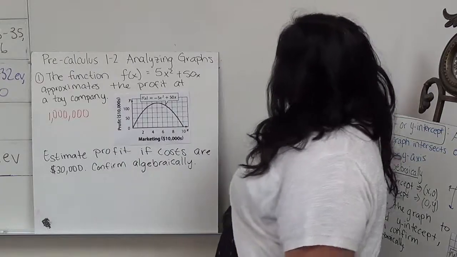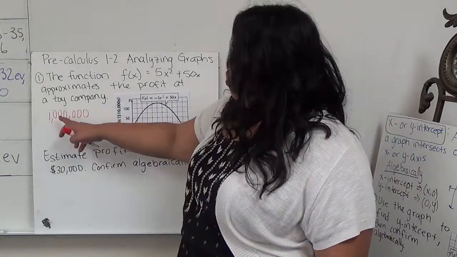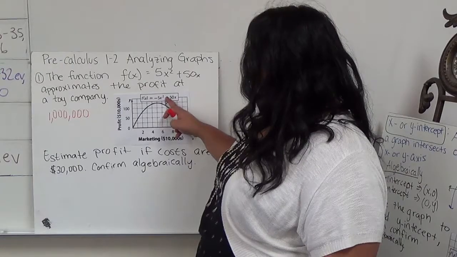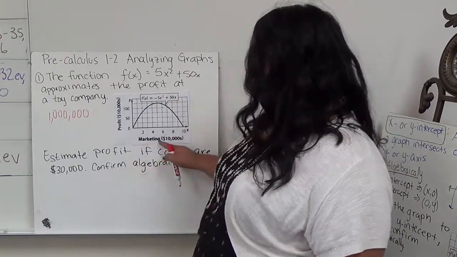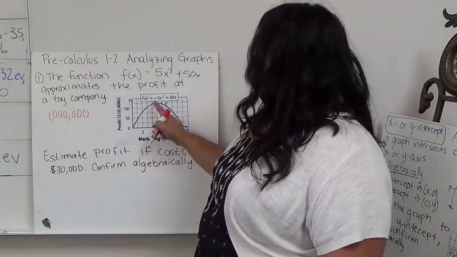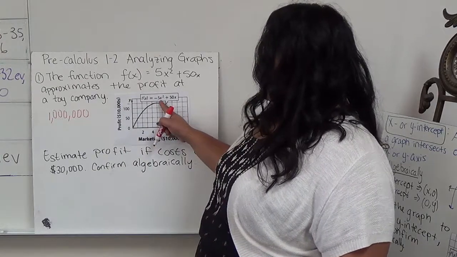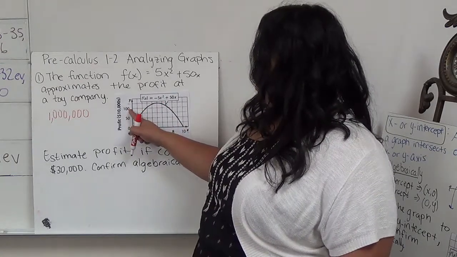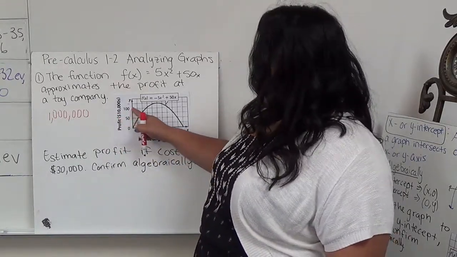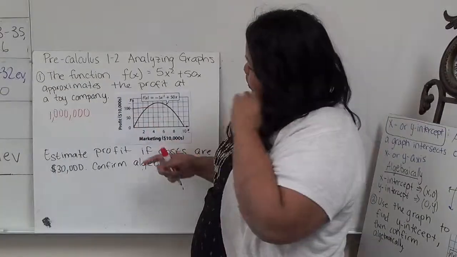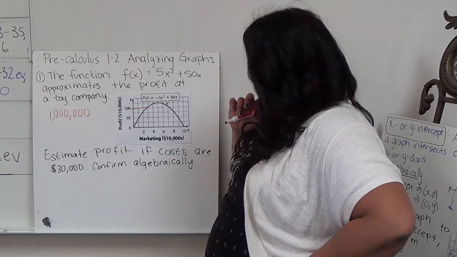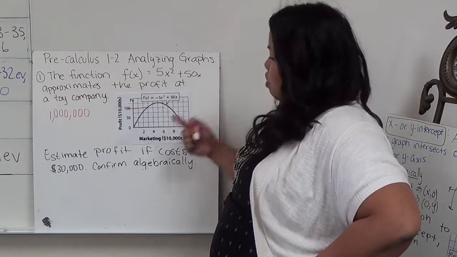Okay, so when we put 30 in for this, we're putting it in for marketing, so in for x, because this is our x, and this is our y. When we put 30 in for x, then we should be getting 100, because this value I've multiplied by this, but the number actually represented is right here, 100. You're wanting to find where this is at, so I'm not going to be plugging in 30, I'll be plugging in 3, because 3 times 10,000 would be 30,000.